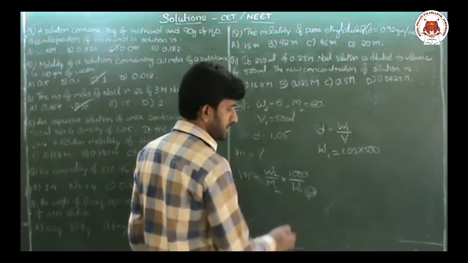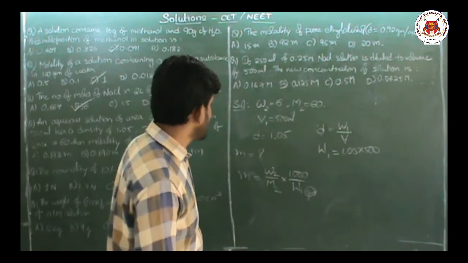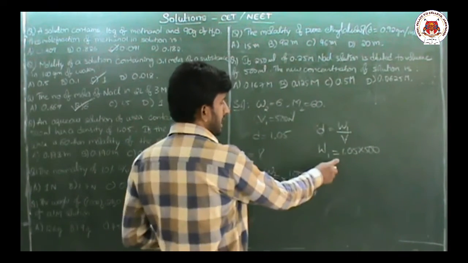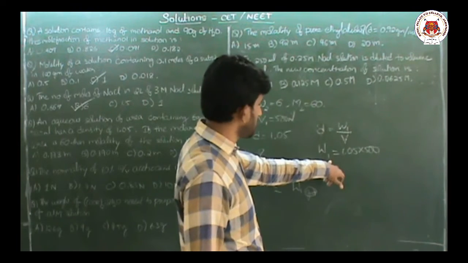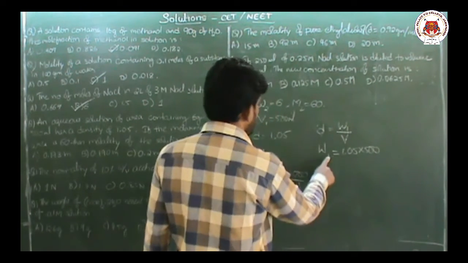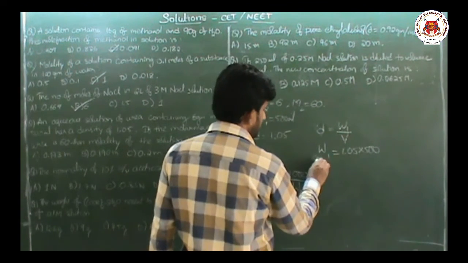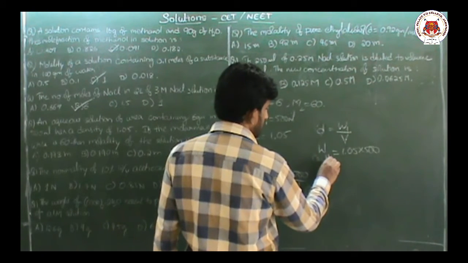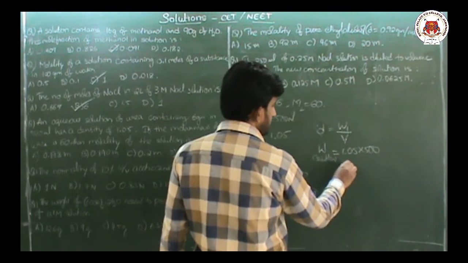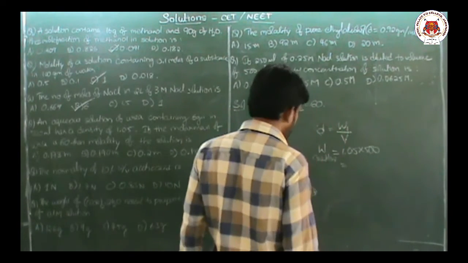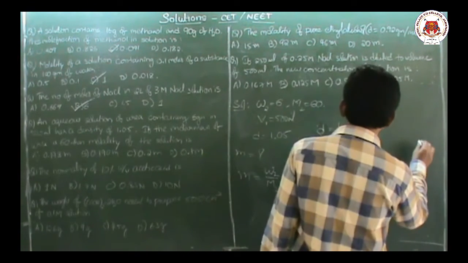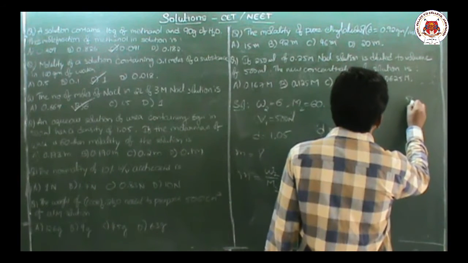That we need to substitute here as the mass of the solution. So first of all, let us calculate the mass of the solution here. Mass of solution or weight of solution is equal to 1.05 into 500. Okay, 1.05 into 500 we want.